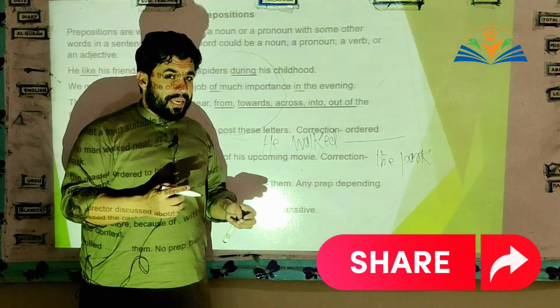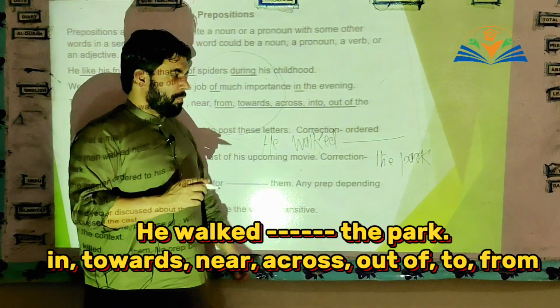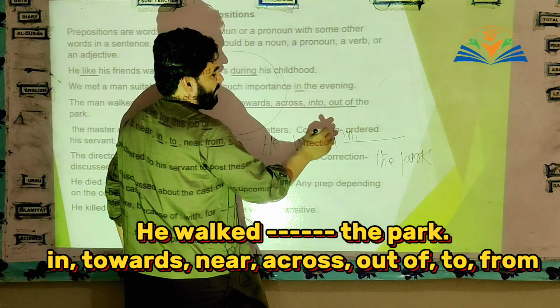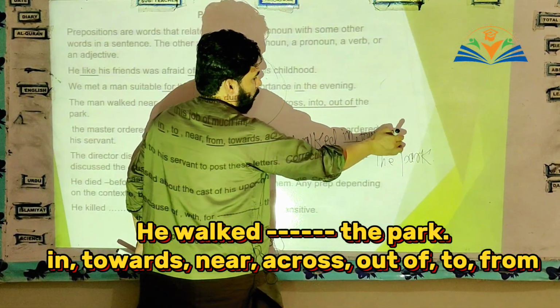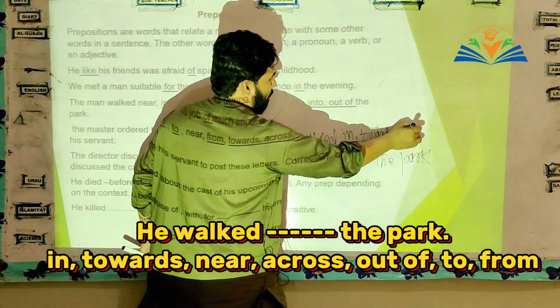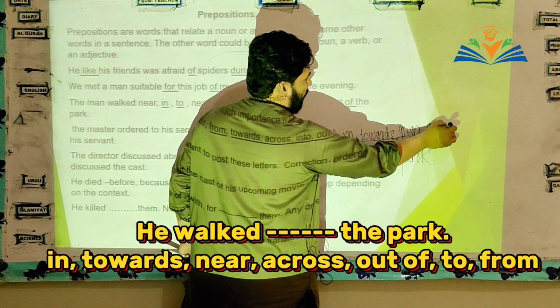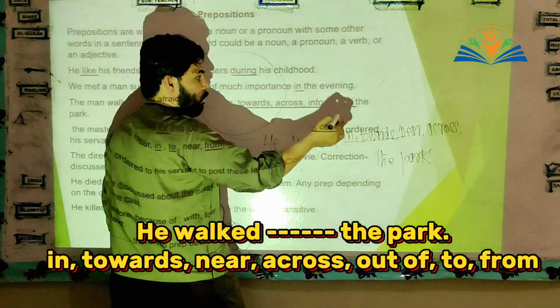As I said earlier, at the start of my lecture, we cannot have a fixed preposition. We can say he walked in the park, or we can say he walked towards the park, or he walked near the park, or he walked across the park, or he walked out of the park.